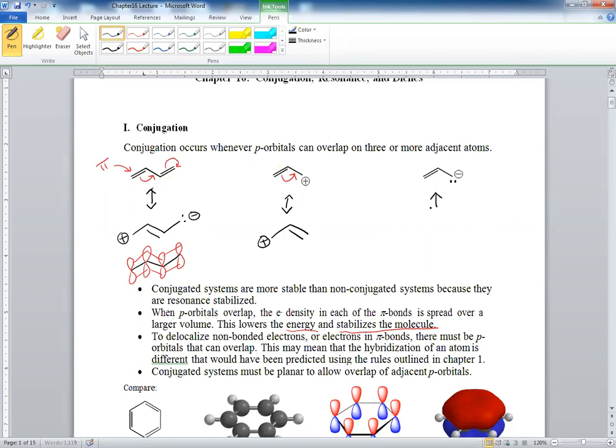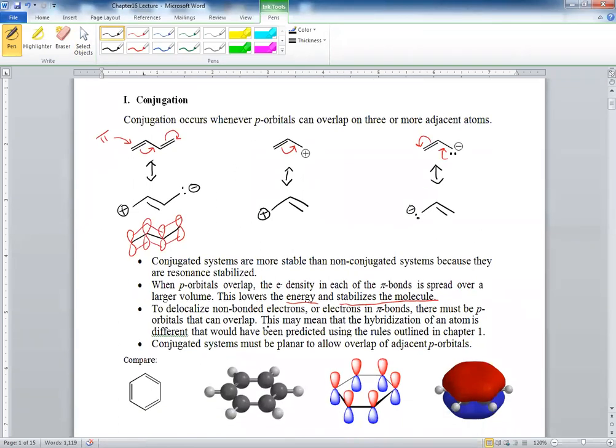Also, if you have an allylic carbanion, you notice that there is a resonance structure where now the negative is on the end.